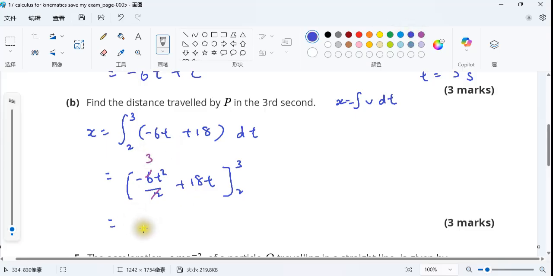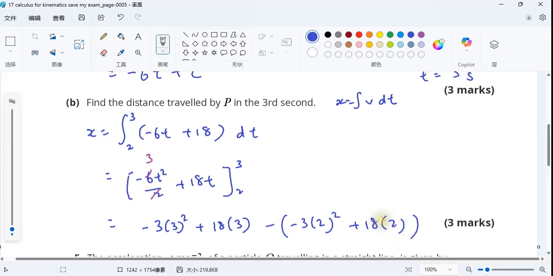Then it is negative 3 squared plus 18 times 3, minus negative 2 squared plus 18 times 2. So it's negative 27 plus 54, minus negative 12 plus 36.